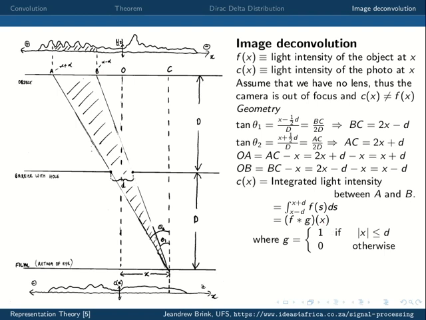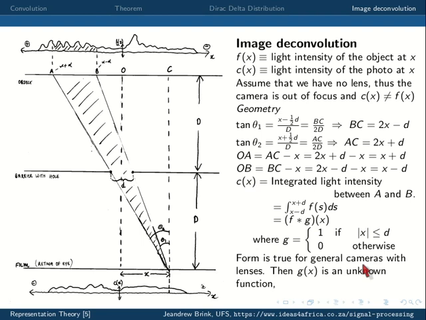And so the question now is, whenever you have an image, you always want to get back what your original function was. How do you do that? This form of C of x equals f star g is true for general cameras with lenses. In that case, very often, g of x is at least an unknown function, dependent on the lens and where the shutter is and things like that.